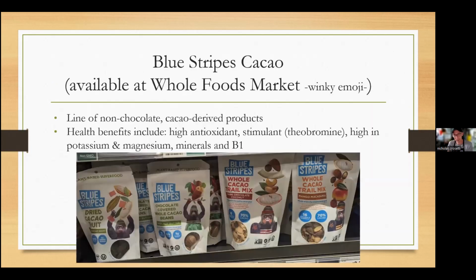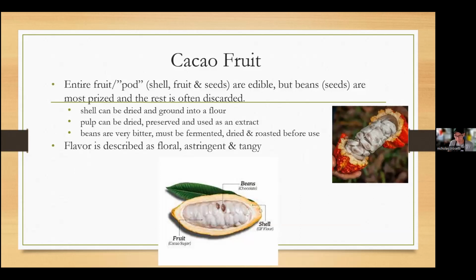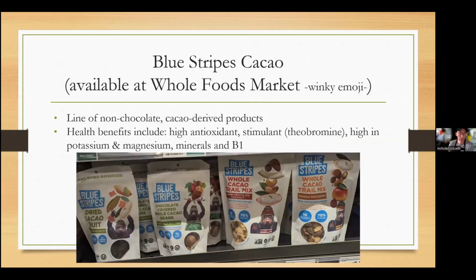I will say, I just noticed recently, within the last couple of weeks, we received this product at Whole Foods, which is dried cacao fruit. I was kind of excited to see this. So this is the fruit, the white mucilage, the kind of sticky outer part of the cacao beans, that is dried, and it reminds me of a fruit leather, fruit roll-up kind of texture.